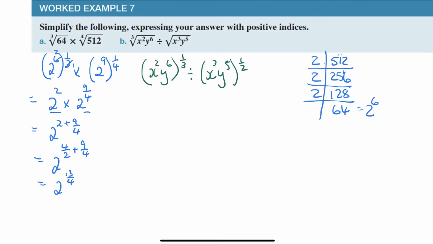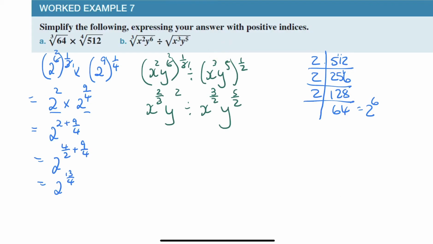I'm now going to multiply those halves in, so it's going to be x to the power 2 times a third, y to the power 3 goes himself once and 6 twice, so it's going to be y to the power 2. Divide by x to the power 3 over 2, y to the power 5 over 2, because I'm multiplying this into each one of those.